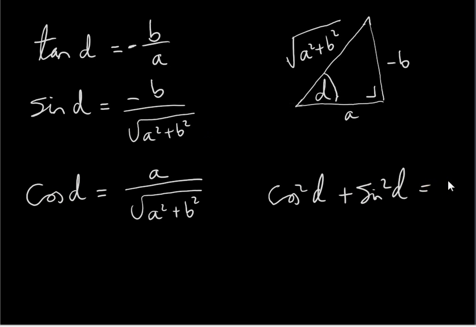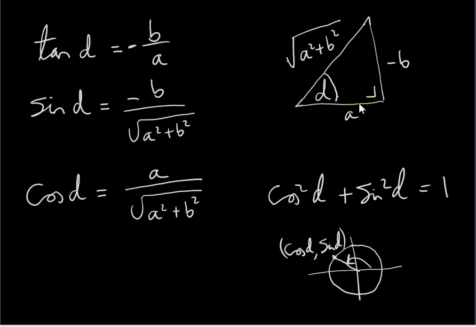No matter what angle d is, whether it's an acute angle or whatever, we know that the coordinates of a point on a unit circle are defined to be cos d, sine d regardless of what d is. So for example, d could be an angle between 90 and 180, so we can't even draw this picture. But cos squared d plus sine squared d equals 1. That's still the case because of the properties of the coordinates of this point.